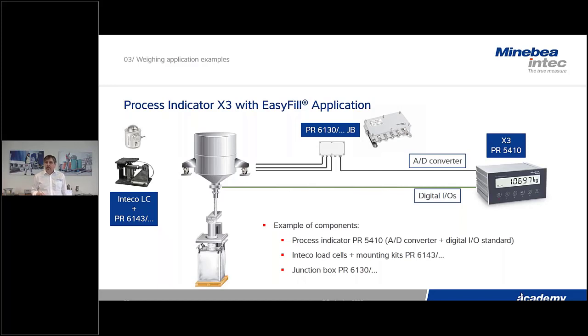The load cells are connected via PR6130 junction box to the AD converter of the indicator. And the digital outputs can control the valve during the filling. I mentioned before this would not fit exactly for the requirements, but it is approximately one example of how this installation can look like.